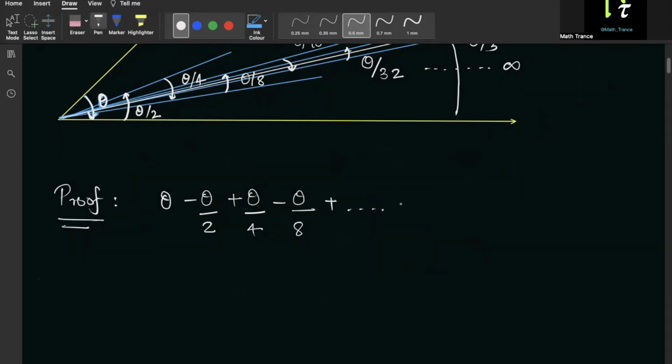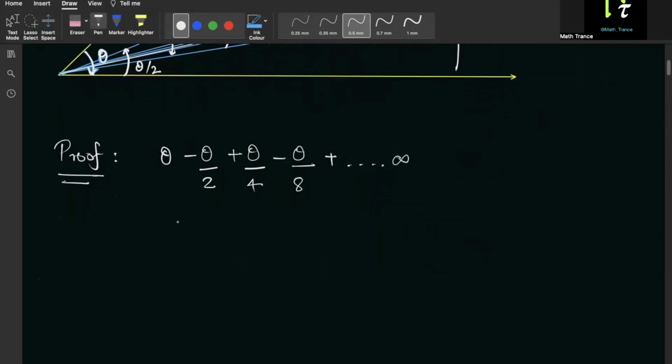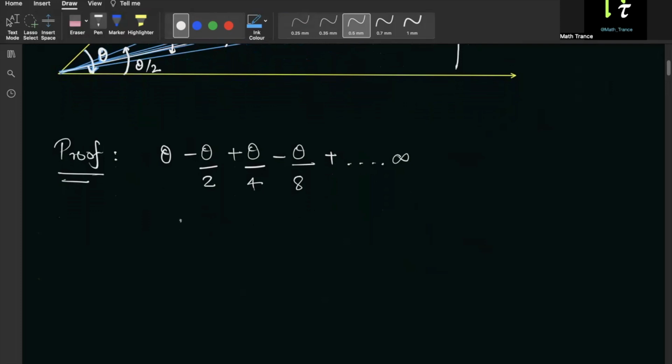And this will go on till infinity, right? So the first term is theta, and the common ratio is minus half. Because it is minus half, it will become plus, and so this thing will become 2 theta by 3.